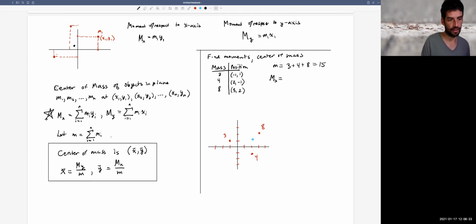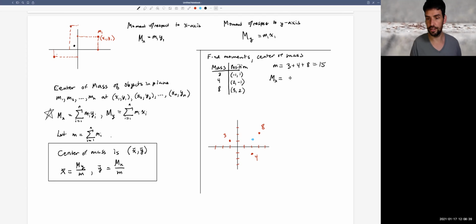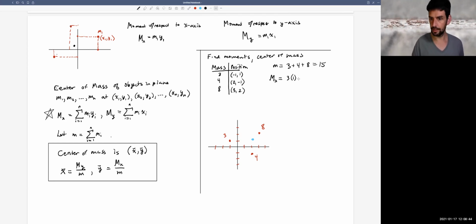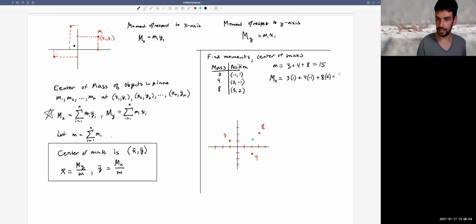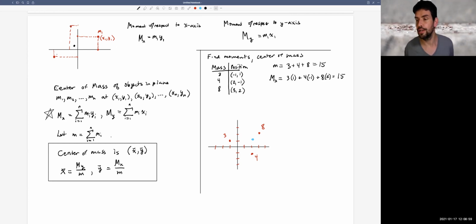That's given right here, where we take each mass and multiply by its y coordinate. So we'll have 3 times 1 plus 4 times -1 plus 8 times 2, and we get 15. Right, 3 minus 4 plus 16 gives me 15.